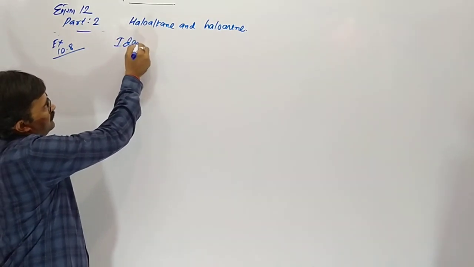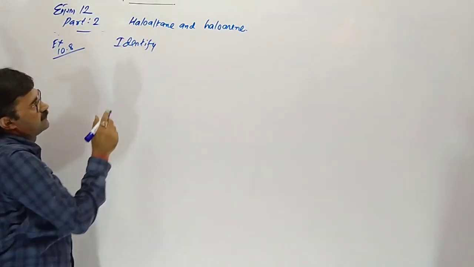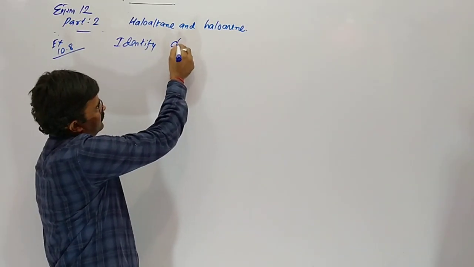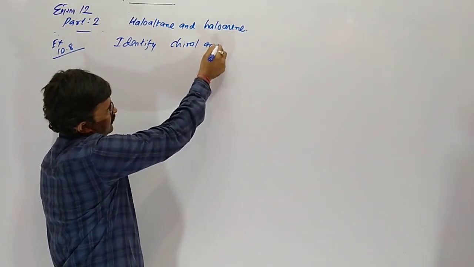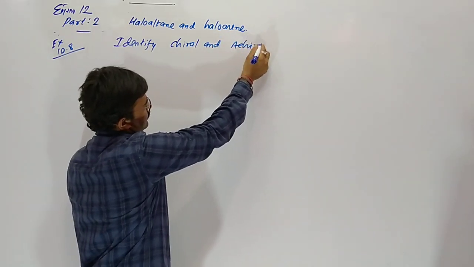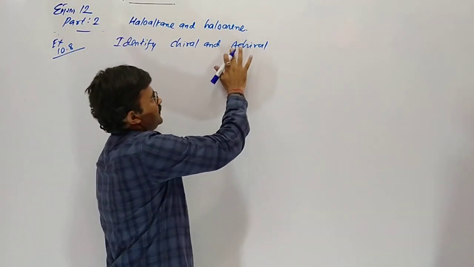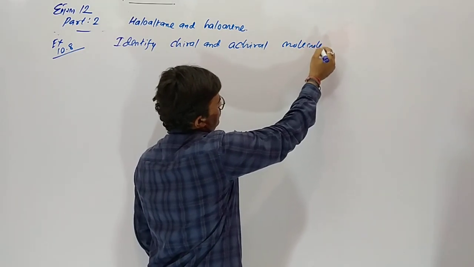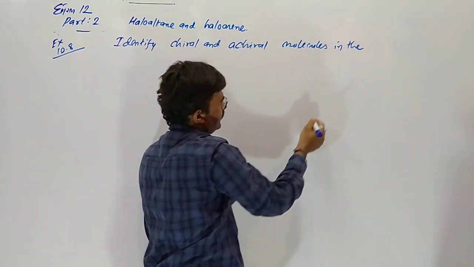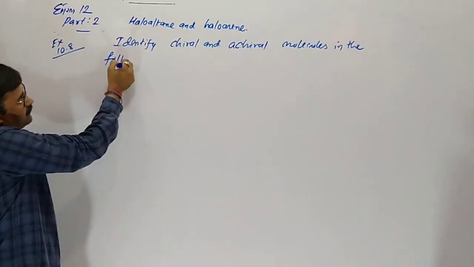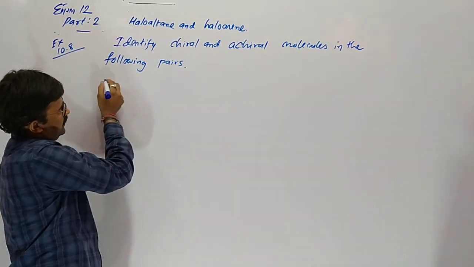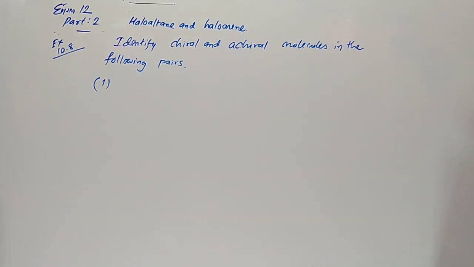Identify chiral and achiral molecules. In the following pairs are given. We have to define.